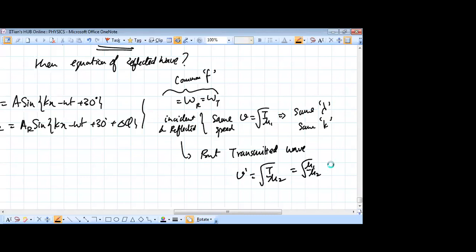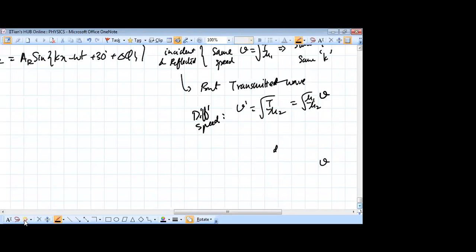It has a different wave speed, and therefore a different k or lambda, k prime, which is omega by v prime.